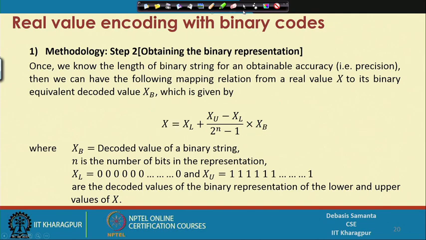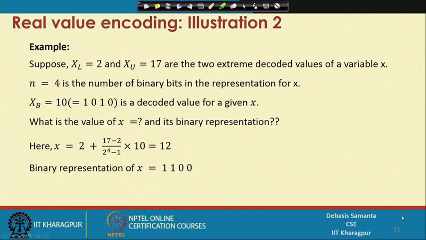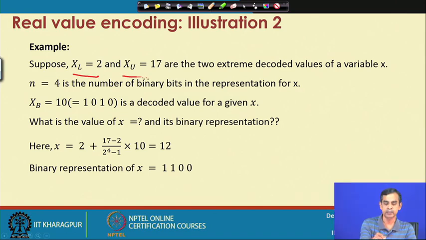For example, say XL equals 2 and XU equals 17, the lower and upper limits of the parameter x, and n is 4, the number of bits required. Suppose xb, the binary value, is 10, which in binary representation is 1 0 1 0, that is 0, 2, 4, 8. This 10 is the decimal equivalent of these binary values.